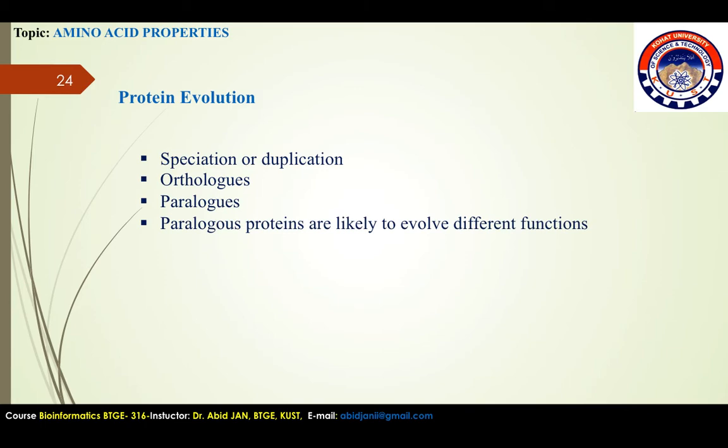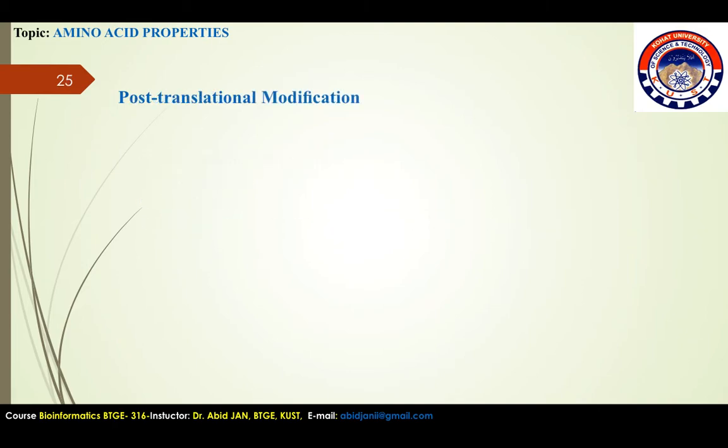To be maintained in a genome over time, paralogous proteins are likely to evolve different function. Differences in function can range from minute differences in substrate recognition to complete differences in cellular location and function. The next is post-translational modification.